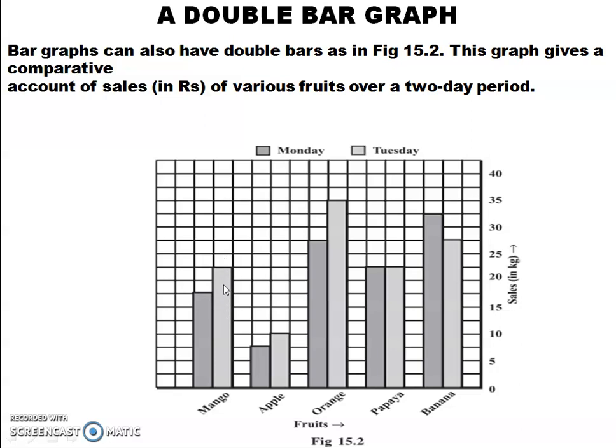Tuesday's sale is greater. Which fruit has the same sale on Monday and Tuesday? You can see papaya is having the same sales on Monday and Tuesday. So a double bar graph is used for comparative study between two quantities. Okay, children?